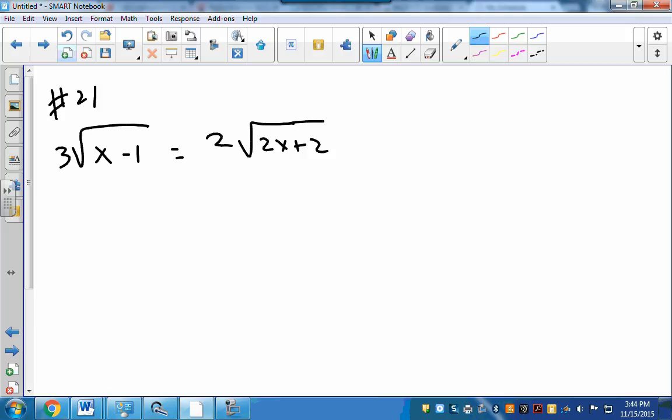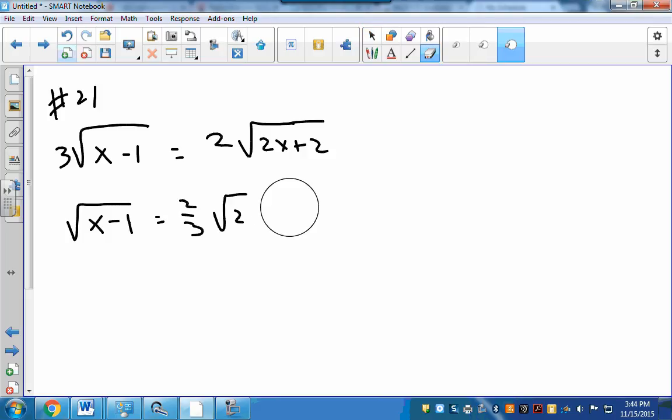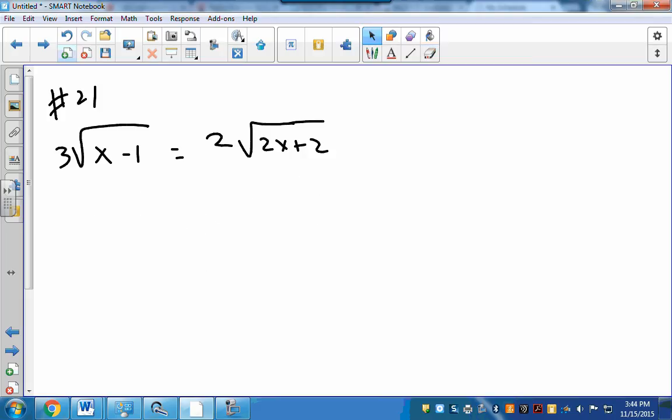And there's nothing necessarily wrong with that. Notice the square root of x minus 1 is 2/3 times the square root of 2x plus 2. And we can certainly go from there.